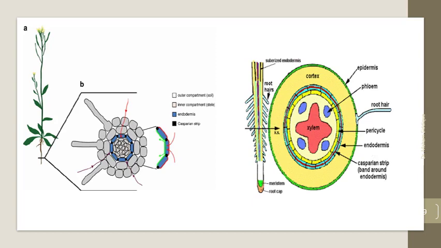In endodermis, Casparian strips are present. In other diagrams also, Casparian strips are present in the endodermis. Endodermis is in blue color and black color shows the Casparian strips.